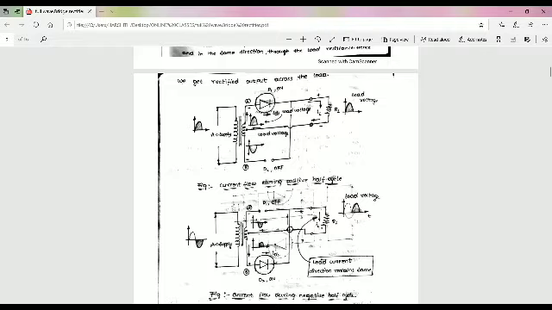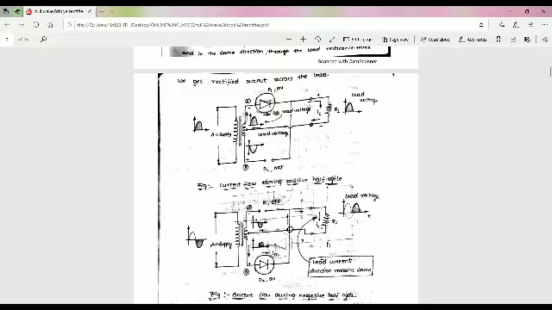Now the lower half of the secondary winding carries the current, but the upper half does not. So the load current flows in both the half cycles of the AC voltage and in the same direction through the load resistance. This is the positive, same direction in the load resistance, and this is also the same direction in the load resistance.